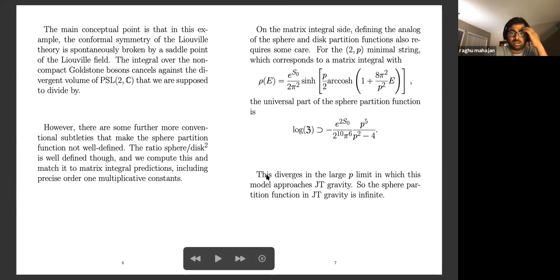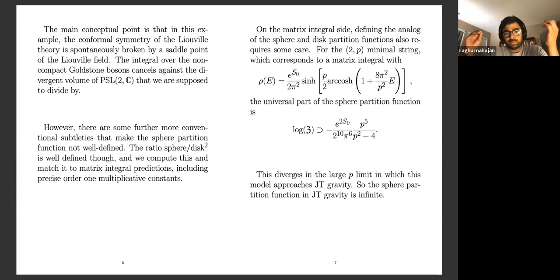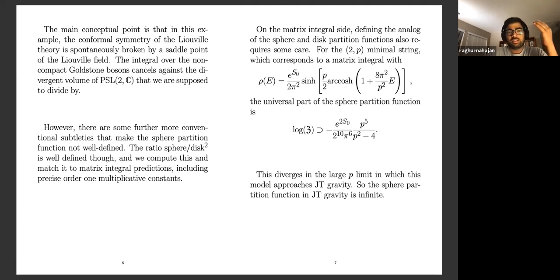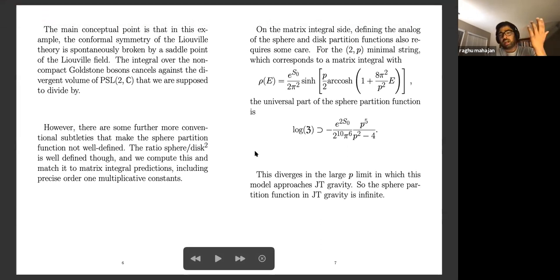So actually, there is a non-compact family of saddle points, which you have to sum over. So that gives you some infinite contribution in the numerator. And because those configurations are being generated by the action of PSL2C, the non-compactness of PSL2C exactly cancels in the ratio. So this is exactly like Gautam was saying, but this is how it works in this example.